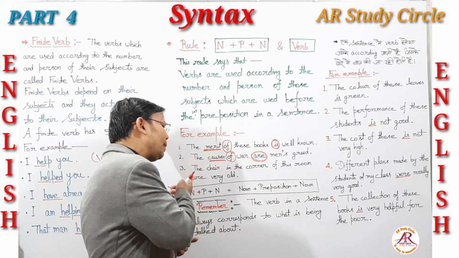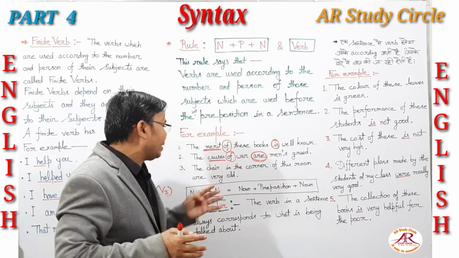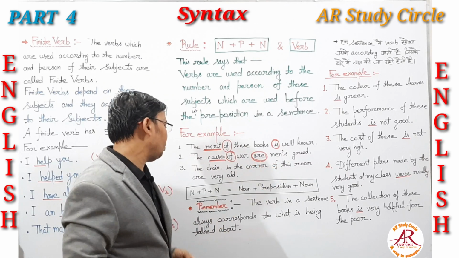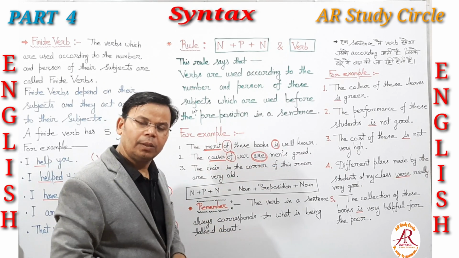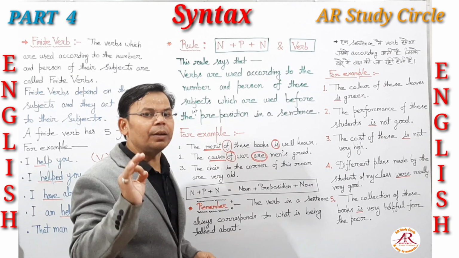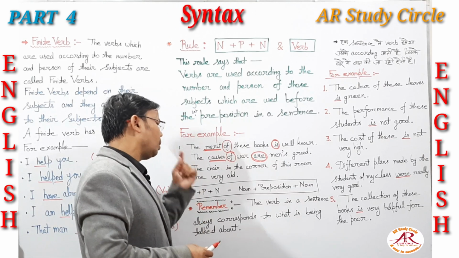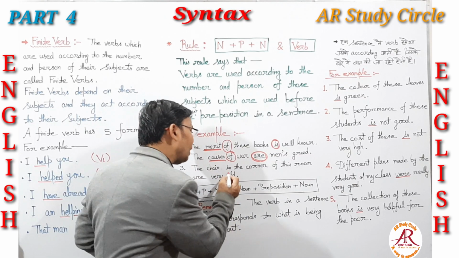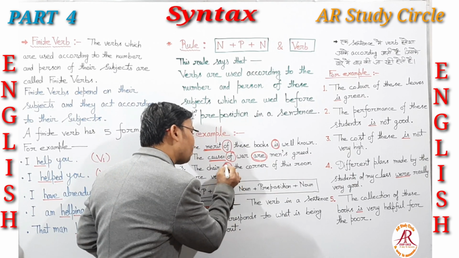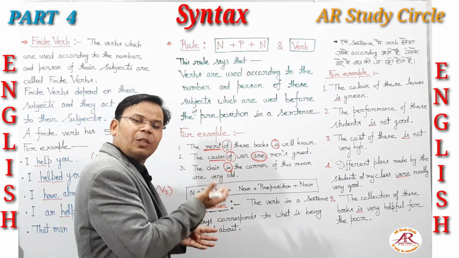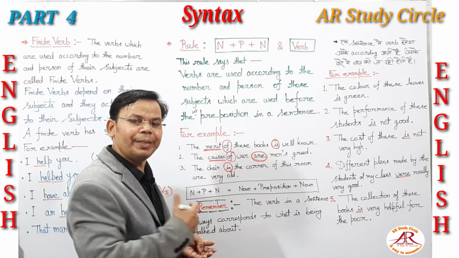Now look at this third example: the chair in the corner of this room are very old. You can see clearly that the first preposition used in the sentence is in, and before this first preposition the noun is chair.